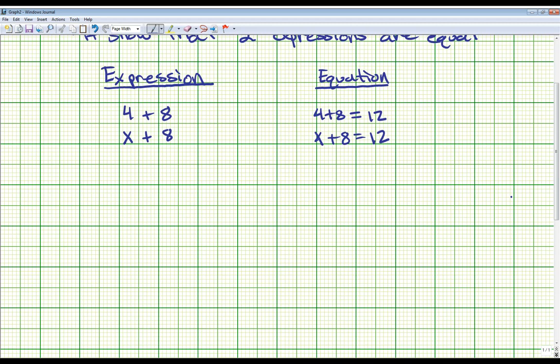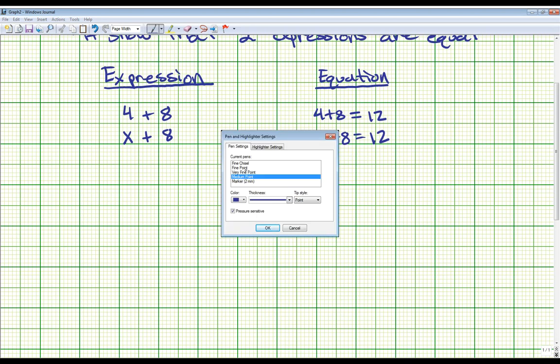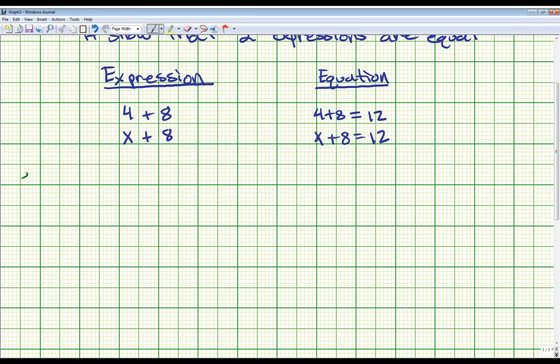So with that being said, we'll go ahead and get to example 1, where we're going to be writing equations based upon sentences or phrases that they give us. So here's example 1. The directions say, write the word sentence as an equation. So here's example A. The sentence says, the sum of a number n and 7 is 15.